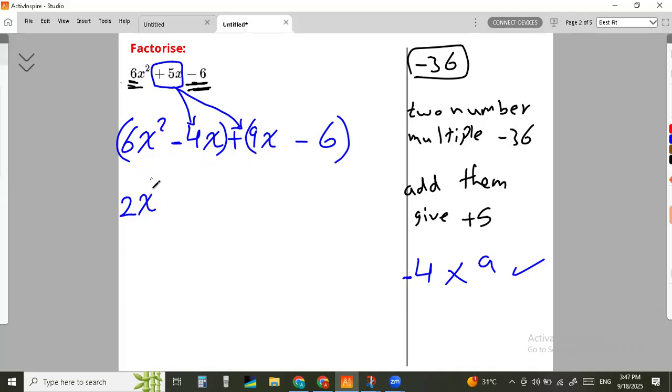So 2x is the highest common factor that I can get out of this. Open the brackets. 6x squared divided by 2x is 3x. And negative 4x divided by 2x is negative 2 only, because x divided by x is bye-bye. So negative 4 divided by 2 is negative 2.